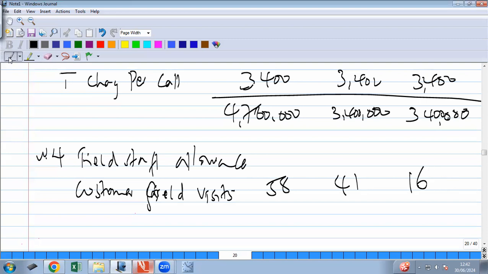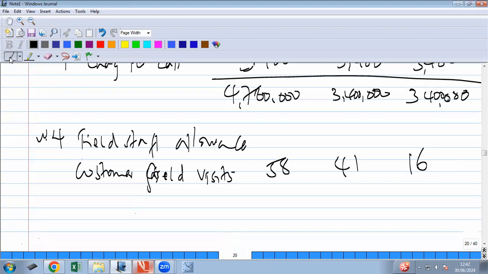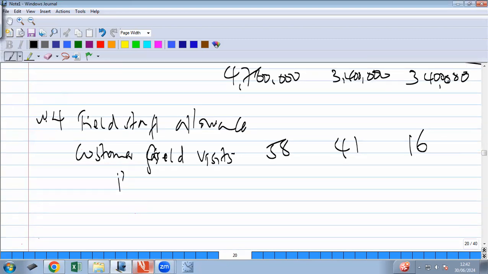Okay, and what is the charge per visit? Per visit is how much? It is like the rate.